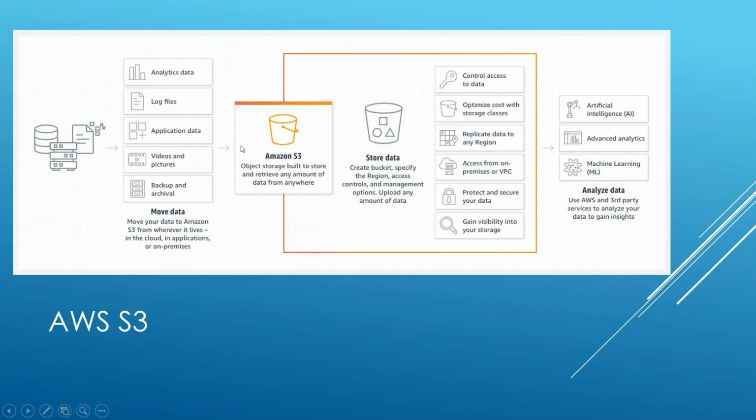These are called the buckets. So here, create a bucket, specify the region, that means which region you belong to and which region you are going to access, and access controls like the permissions and management options, and upload any amount of data. But as a free tier account, we have only limited capacity, like 5 GB of data or so.